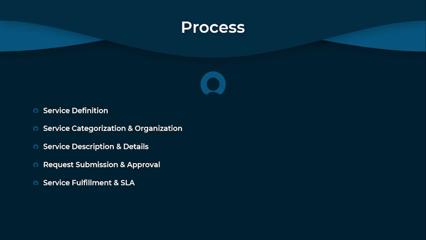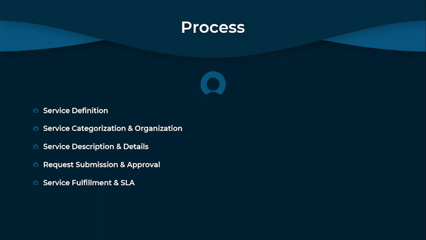And service fulfillment and SLA. Once a service request is approved, it enters the fulfillment phase where the requested service is provisioned or delivered to the user. Service fulfillment may involve automated processes, manual tasks, or interaction with external systems or vendors, depending on the nature of the service.